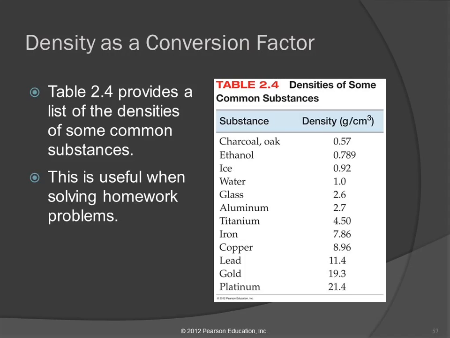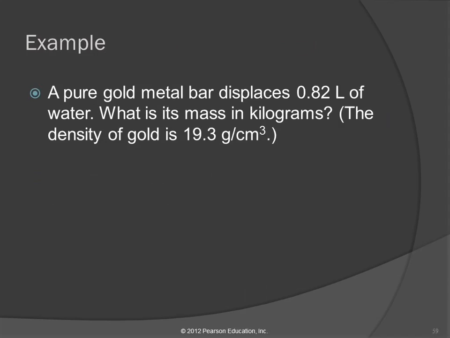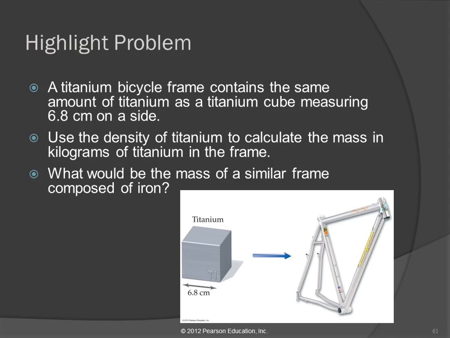Iron, 7.86. Okay. So the density now for the iron problem is 7.86 grams per cubic centimeter. Where'd you get that from?